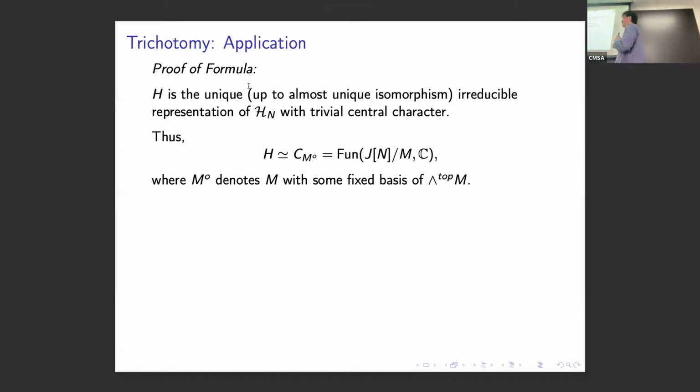That's another realization of the same representation. Actually, maybe I'll skip this proof because you have to set up some notation for it, and it's a bit of a bother right now. Okay, let me skip this proof. We can return to it later.